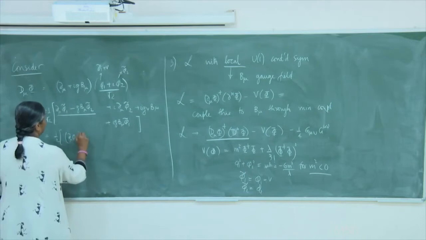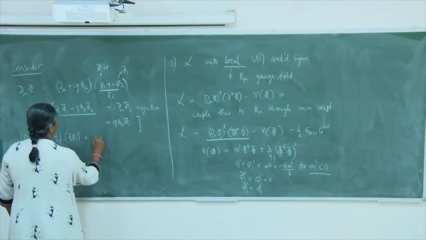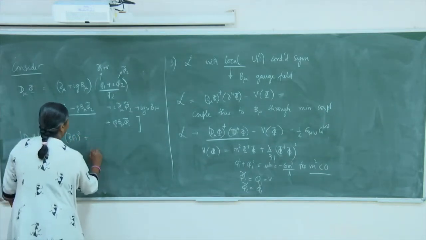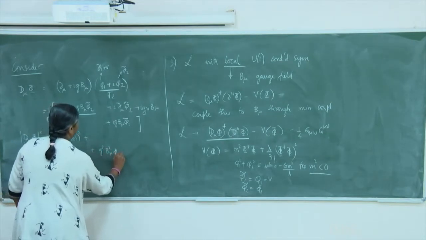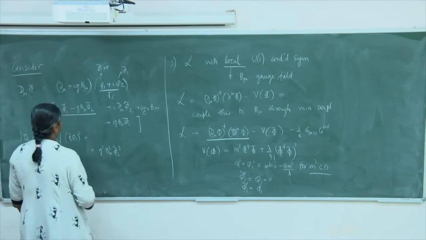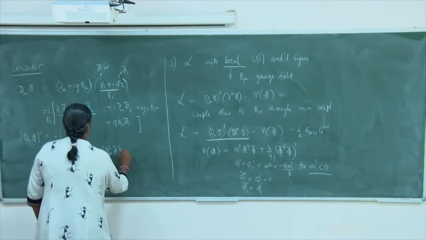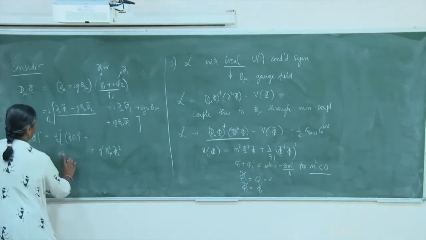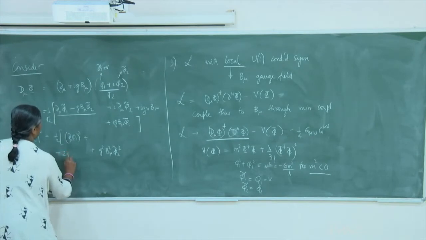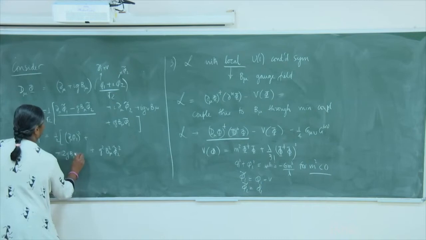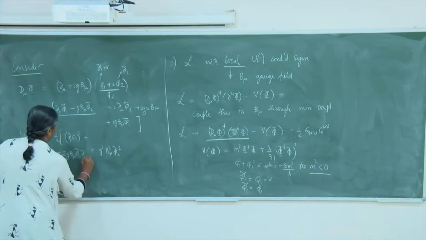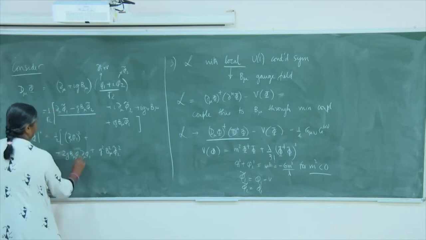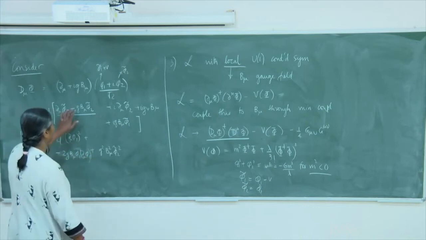So d mu phi 1 squared plus g squared B mu squared phi 2 tilde squared plus the cross term minus 2 g B mu phi 2 tilde d mu phi 1. Okay, this is the square of this.